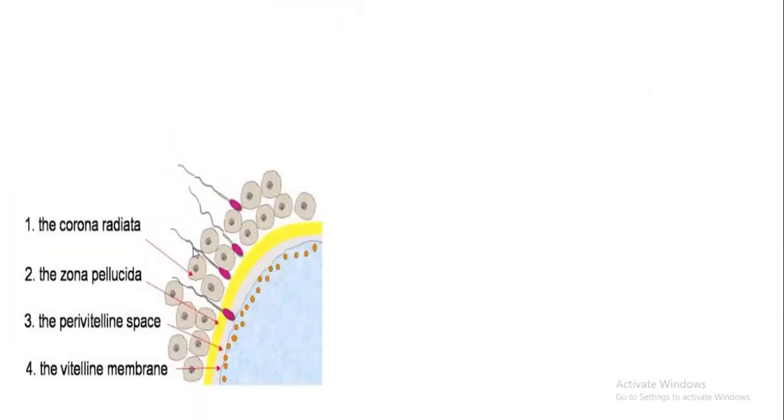From the previous diagram, I explained about the corona radiata, where capacitation has to take place for the cell to penetrate through it. Capacitation involves the sperm removing the membrane around it, the membrane having the glycoproteins, that coat has to be removed.